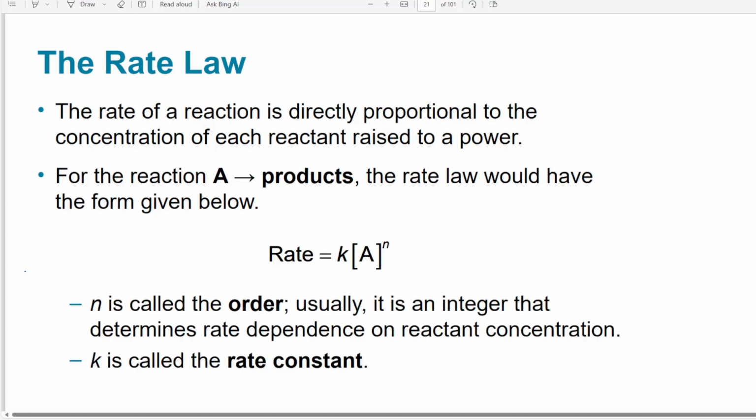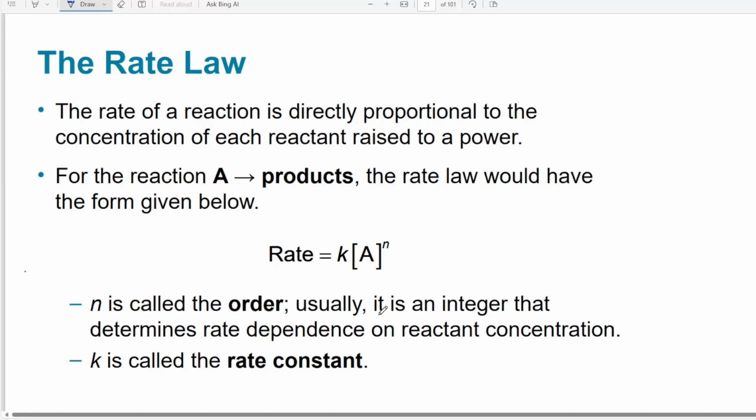For a reaction where A is forming products, the rate law would have the form given below, where the rate is equal to some k times the concentration of A raised to the power of n. And n has to be determined experimentally. n is called the order of the reaction, and usually it's an integer that determines the rate dependence on reactant concentration.